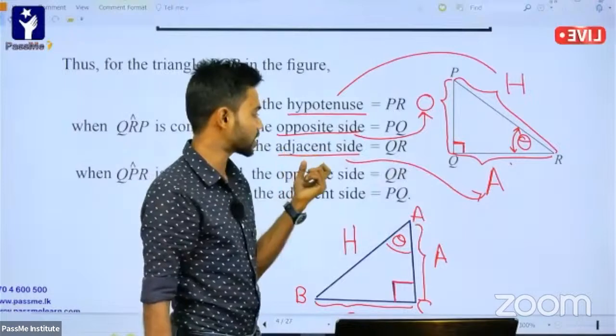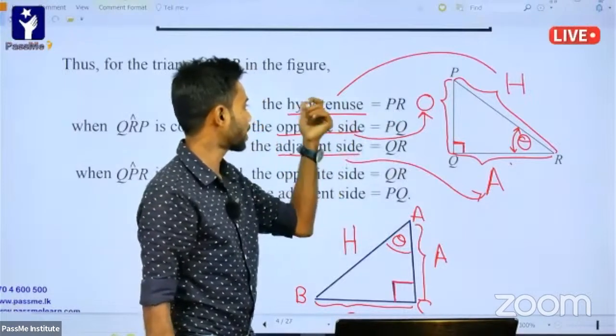Capital A denotes the adjacent side, O the opposite side, and H the hypotenuse.